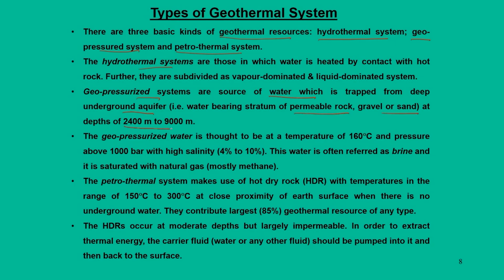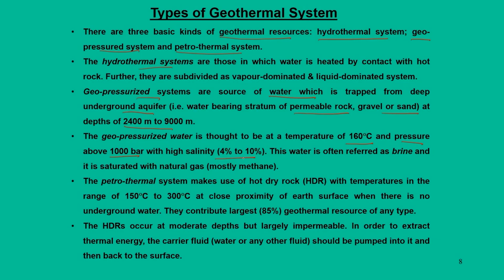When you go close to 2.5 kilometer to 9 kilometer depth, we reach this particular point, where the energy is available in pressurized form in rock, gravels or sand. So, we plan to tap them. Geopressurized resources are thought to be at a temperature of 160 degree centigrade, and the pressure can be 1000 bar, which is too high, but with high salinity.